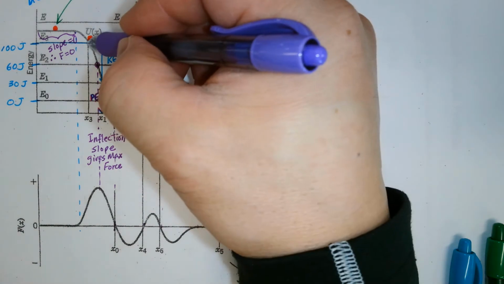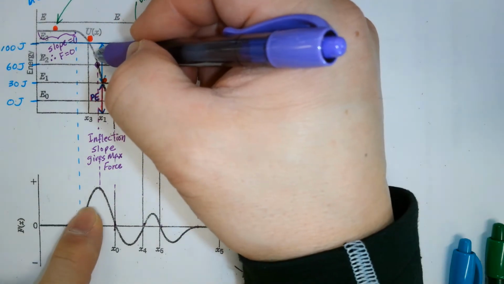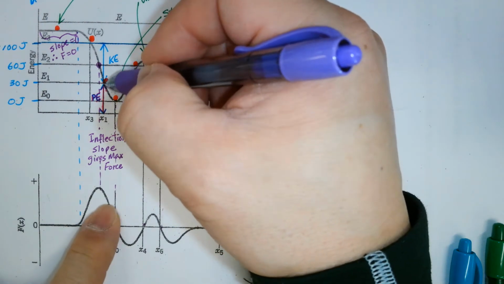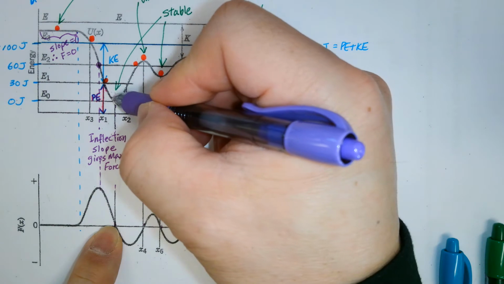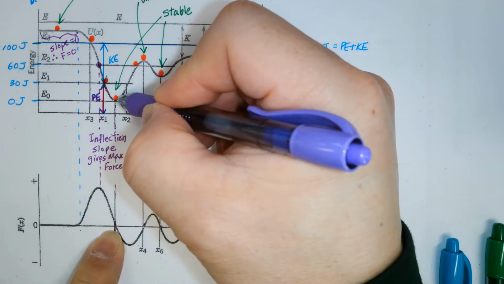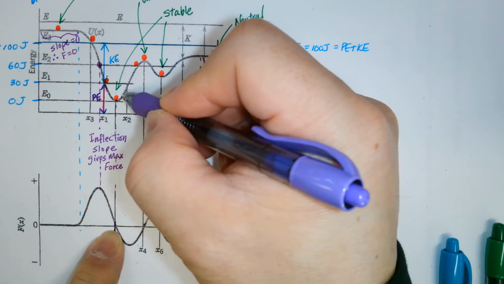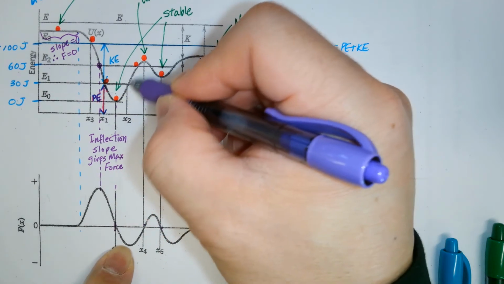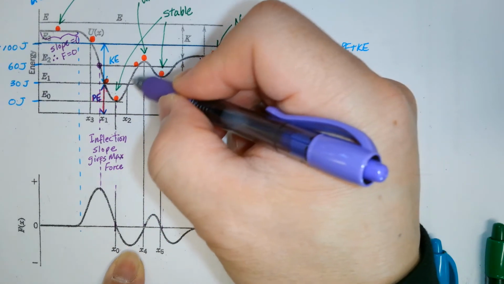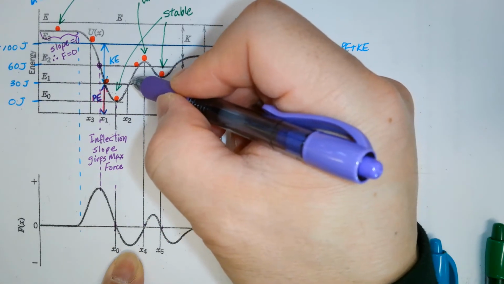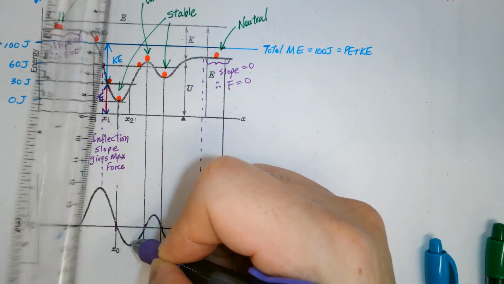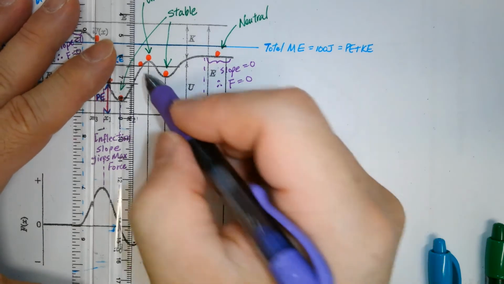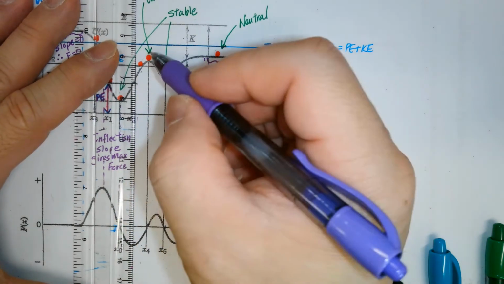Here again, negative slope, positive force. But as it goes towards 0, it's 0 right here. Positive slope, negative force. Again, inflection point right here, where you're going to get the maximum force value.